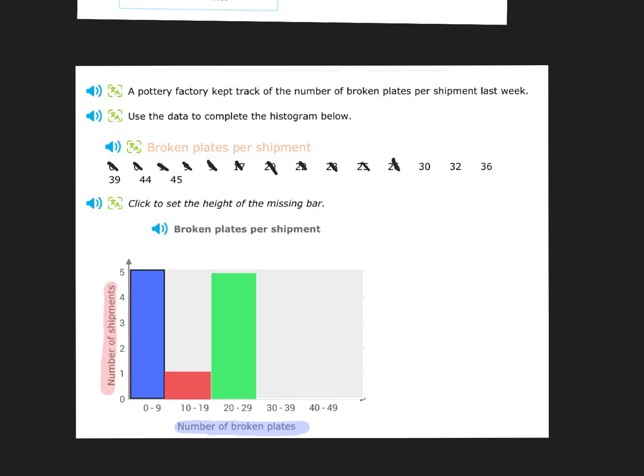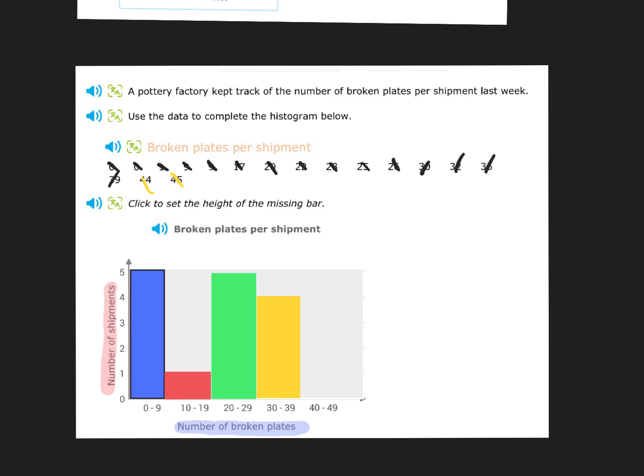And then 30 to 39, we've got 1, 2, 3, 4. And I'll do this one in yellow. Go to 4. And then lastly, 40 to 49, 1, 2. And we'll do this one in orange.